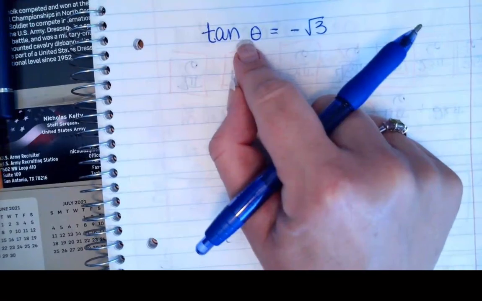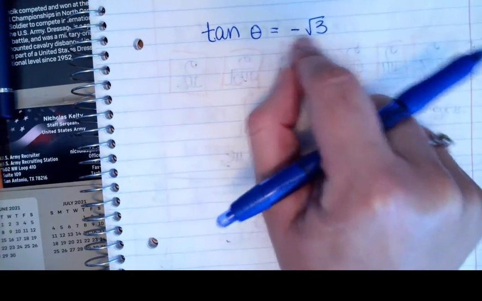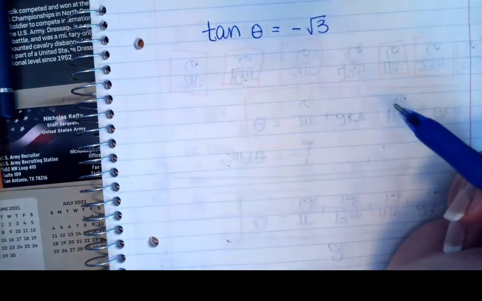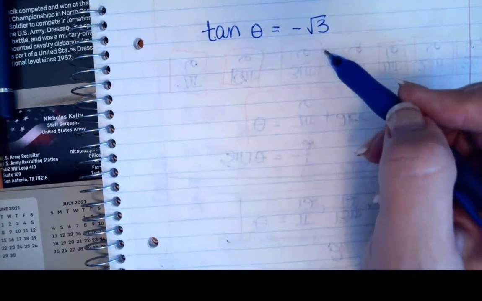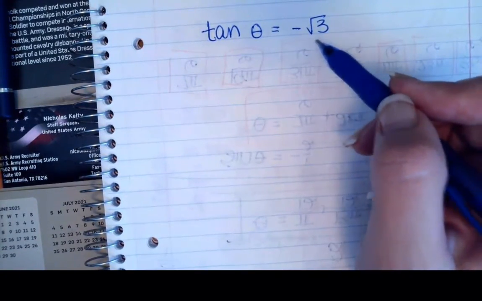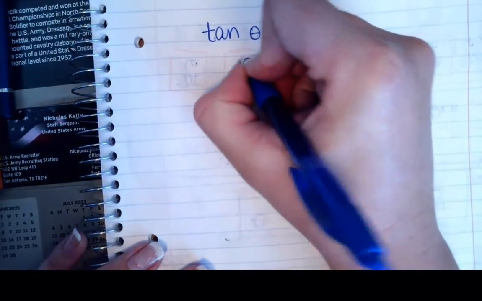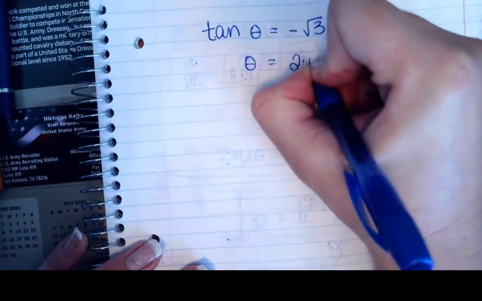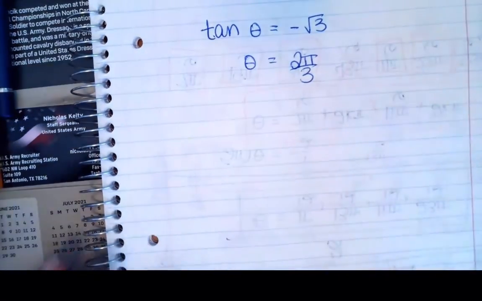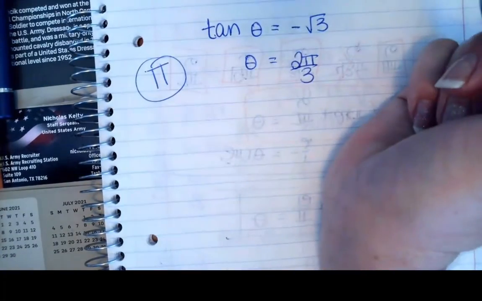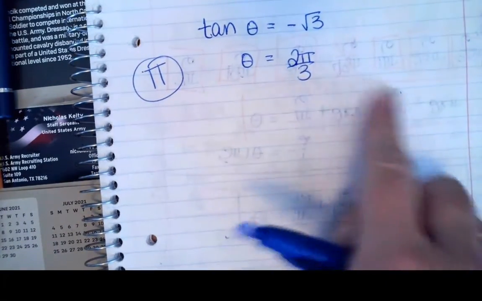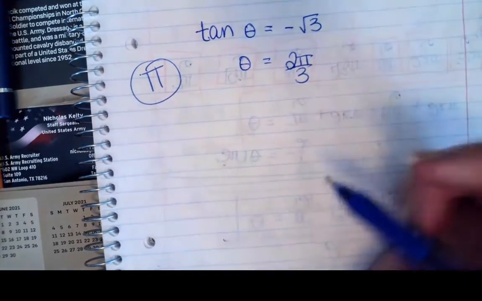So looking at tangent theta of -√3, where's the first time in a lap of the unit circle that my tangent is negative? It's going to be in quadrant 2, and it's going to be at 2 pi over 3. So theta is 2 pi over 3. Because your period is 1 pi, I'm only interested in the first top half of the unit circle.